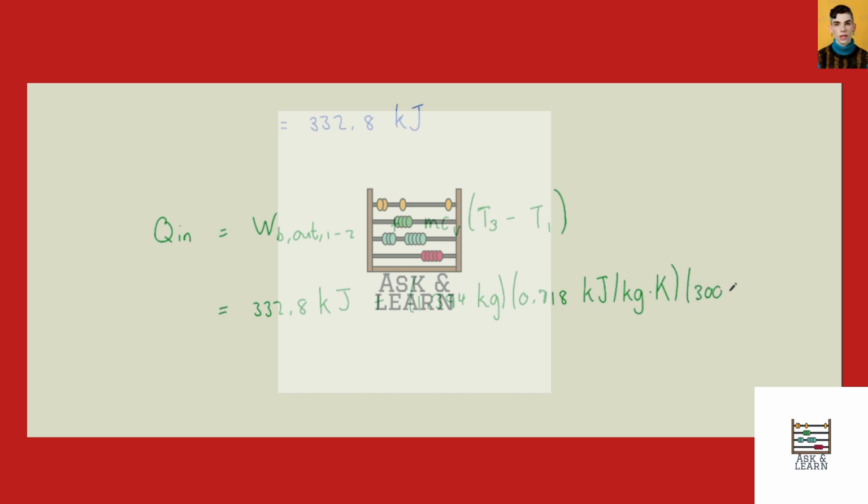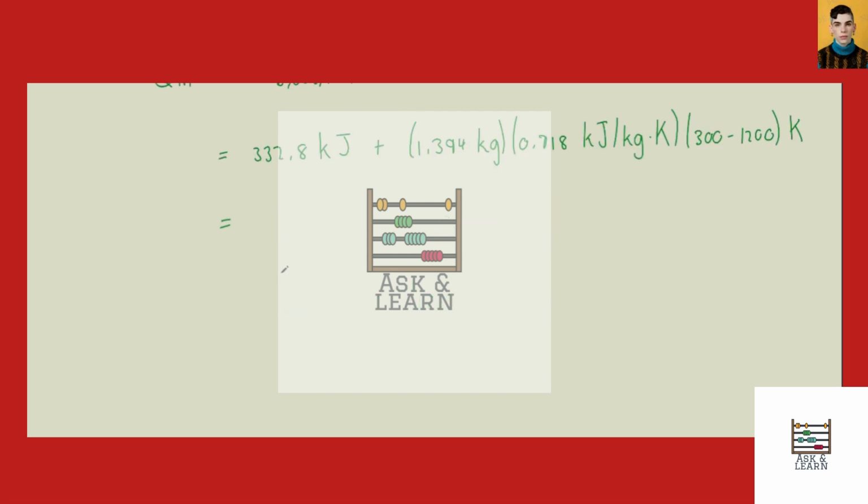Final temperature is 300 and the initial temperature is 1200, in Kelvin. And so we get the heat transfer into the system is minus 568 kilojoules. So what this means is that the net heat Q is out of the system and the heat transfer is 568 kilojoules.